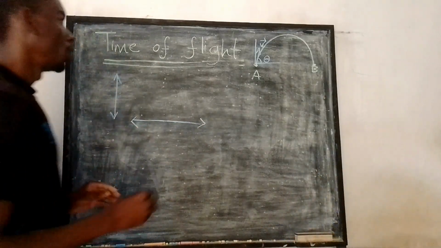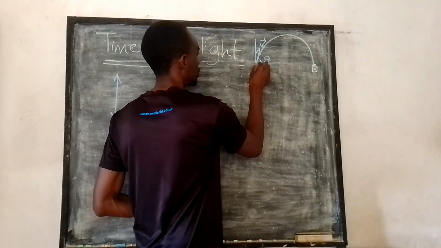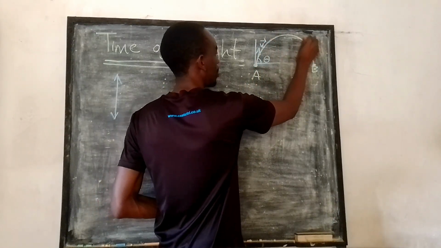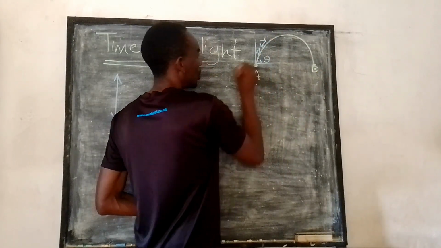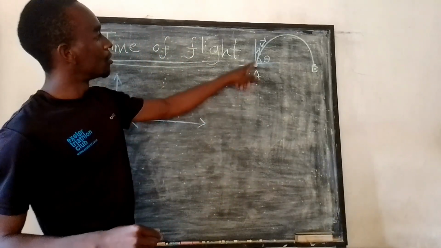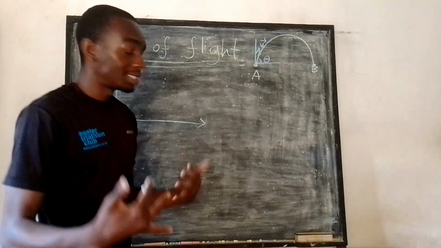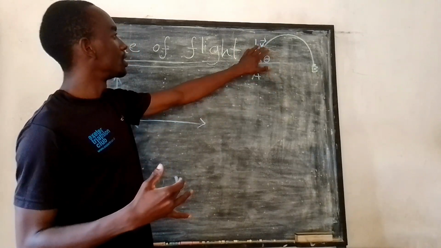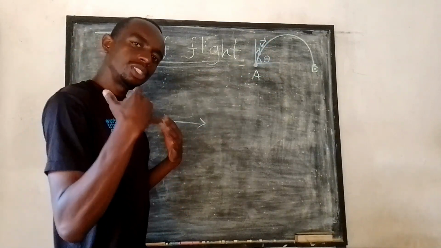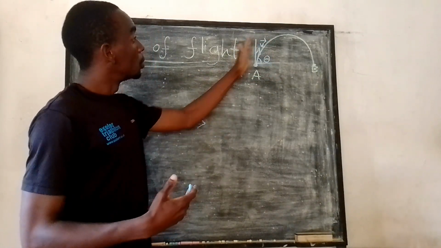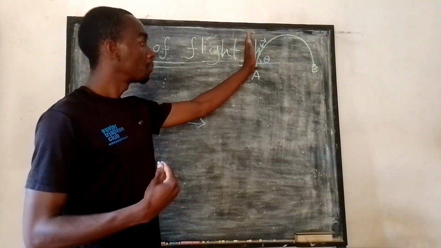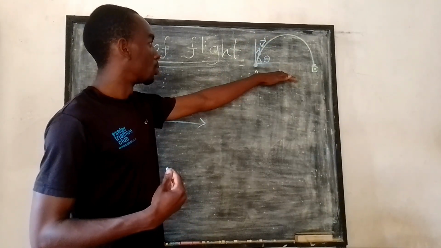When our object is projected from this point A with a velocity v, we mentioned in our previous video that when we're dealing with calculations associated with this velocity, we do not take it in its raw form. We break it down into components: a component associated with the vertical and a component associated with the horizontal.